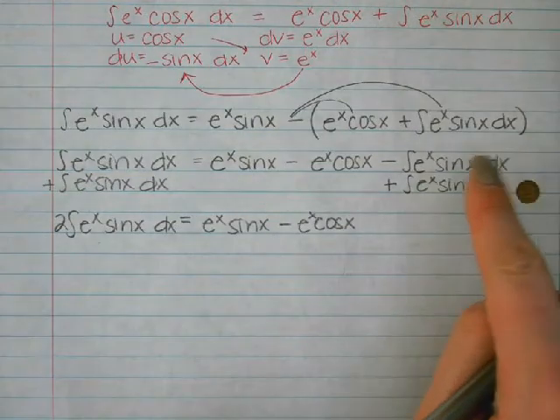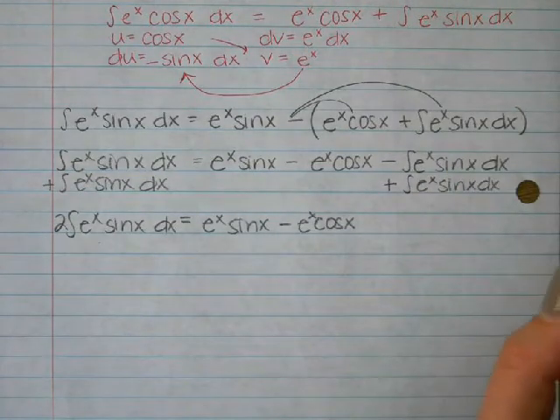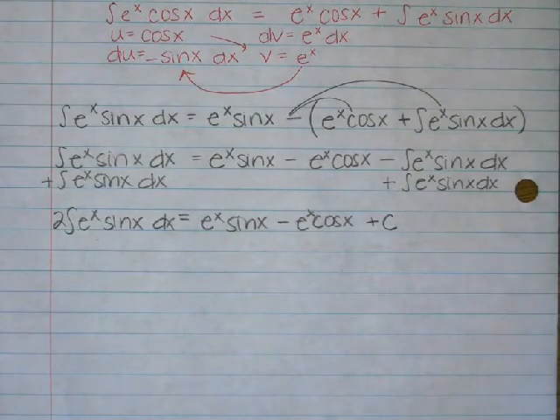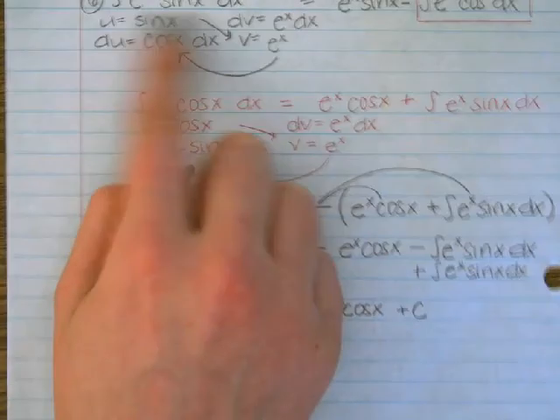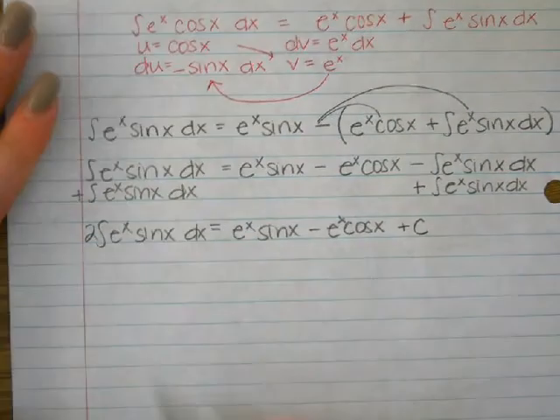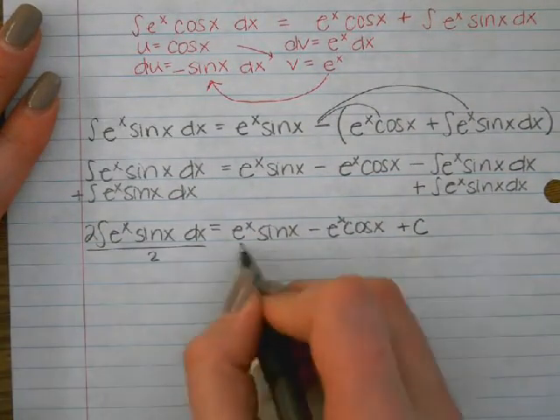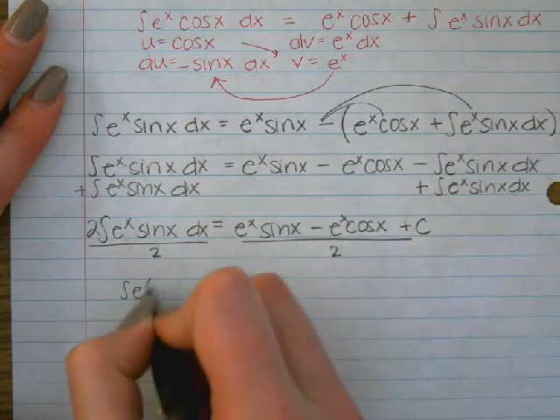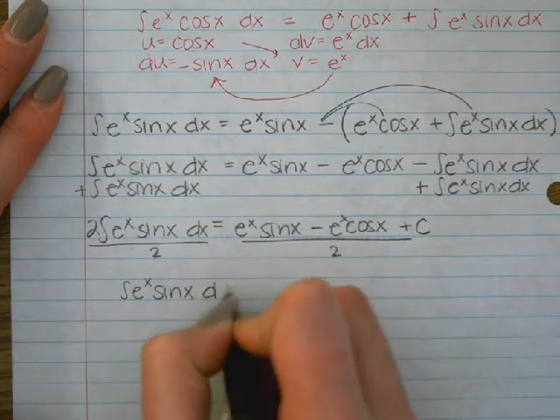And there should be a plus C on here because I was integrating things. Okay. So at this point, if I go back to the original problem, my goal is to figure out what this equals right here. I need to divide it by 2. And then, did I figure out what that equaled? Yes, I did. I did it in a weird, roundabout way, but I did it.